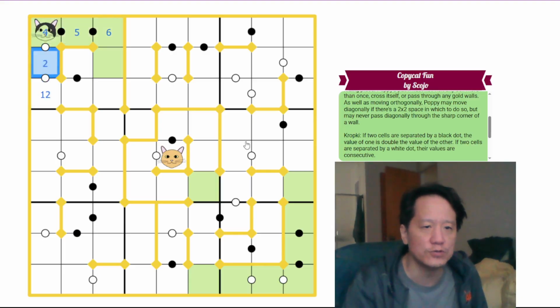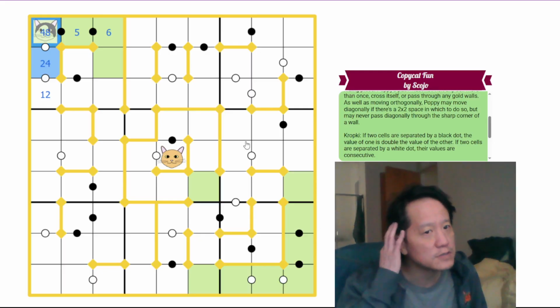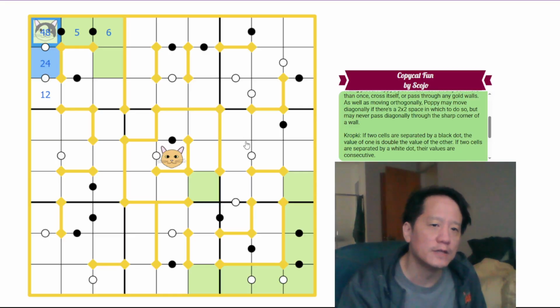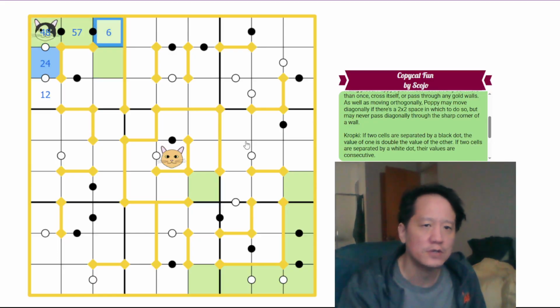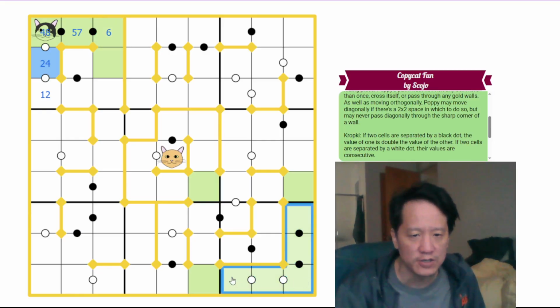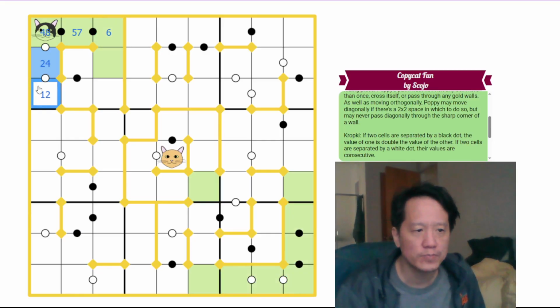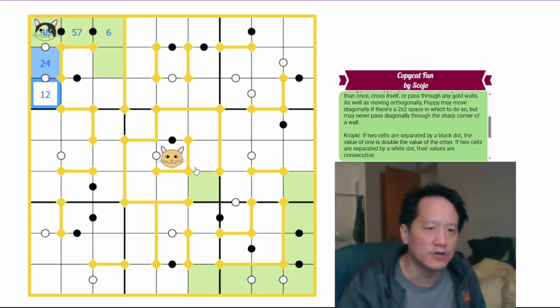We could have 2, 4, 8, and then this would have to be 7, 6, because it can't go up to 9 and then go down to whatever cell. So we're matching essentially this right now. You cannot go 4, 2, 1, because then this would have to be 2. So that doesn't work.